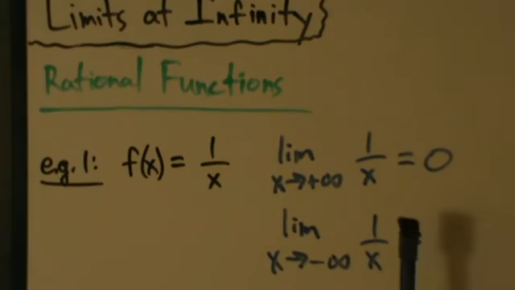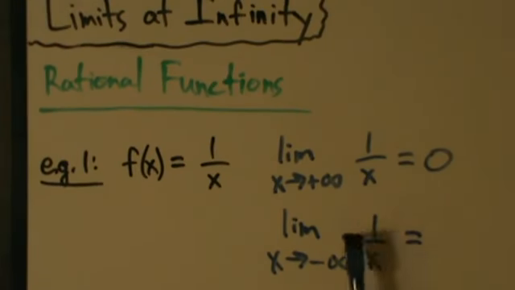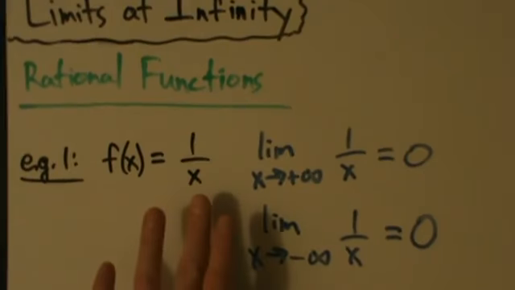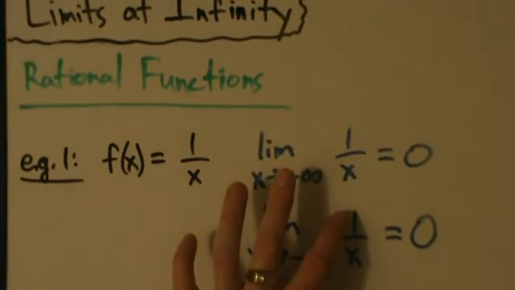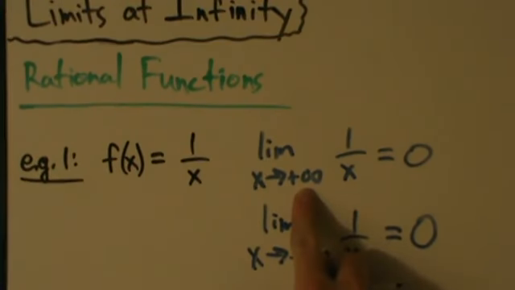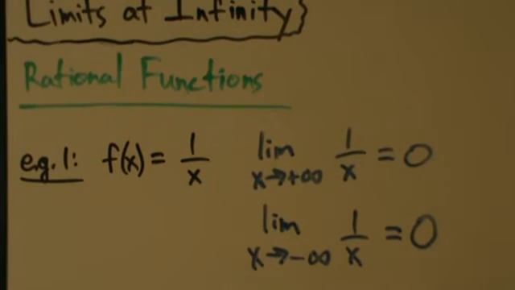So 1 over negative 10 million is going to be a really teeny tiny negative number close to 0. So again, this limit is 0 here. So that's kind of the idea, what you want to think about in general: when we have something like this, it's just a fixed number divided by something that's just growing really far away from 0. And in this case, it doesn't matter if it goes far to the right or far to the left.